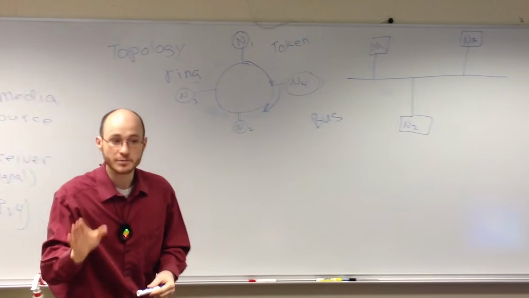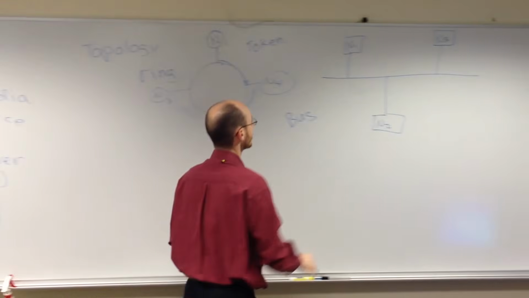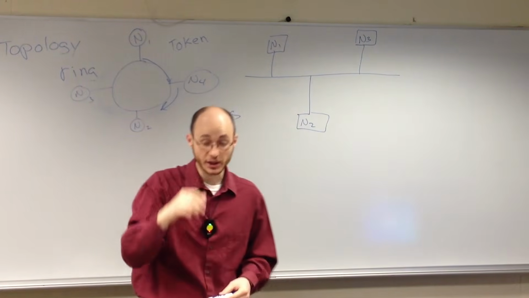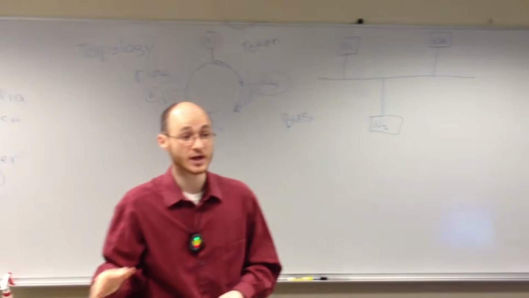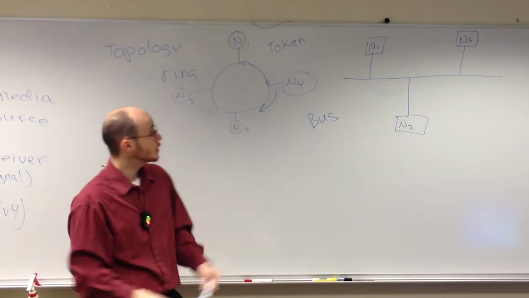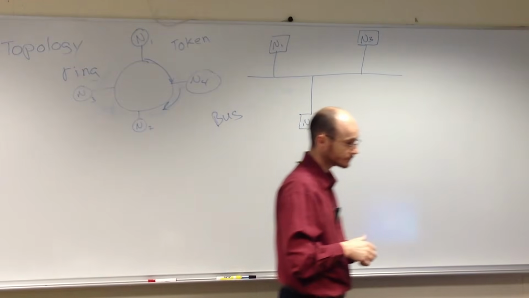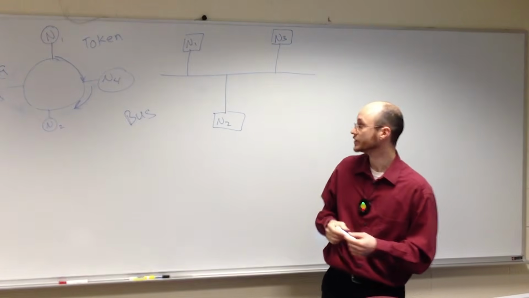There is a common medium here. It's this backbone. By the way, this is the way coax television works. And if you have broadband from Time Warner, this is going to be a similar technique and how they manage it.